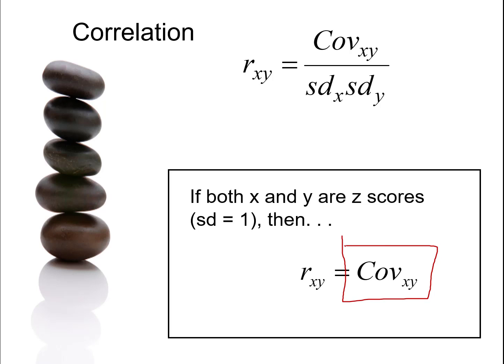Well, if we turn a variable into a z-score, that will create a new scale that will always have a mean of 0 and a standard deviation of 1. So if x and y are both turned into z-scores, then both x and y will have a standard deviation of 1.